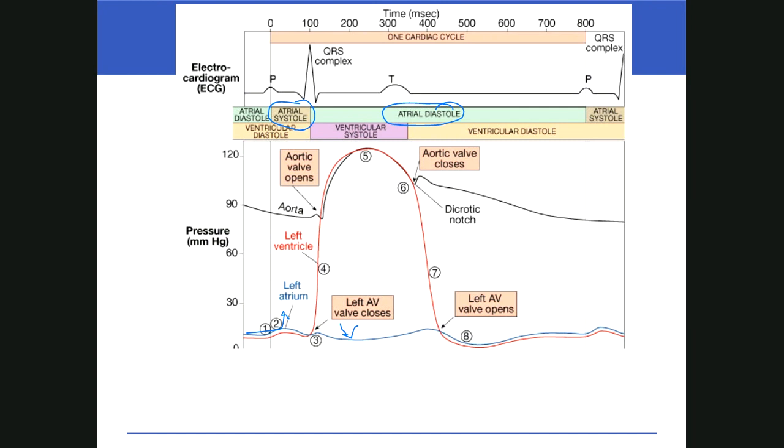Does it make sense? Well, look at what the maximum pressure is in the left atrium. Let's see where it is. There's the maximum, probably right there. Look at what it is. What number is that? Maybe 13? No, not 25. 25 would be up here.